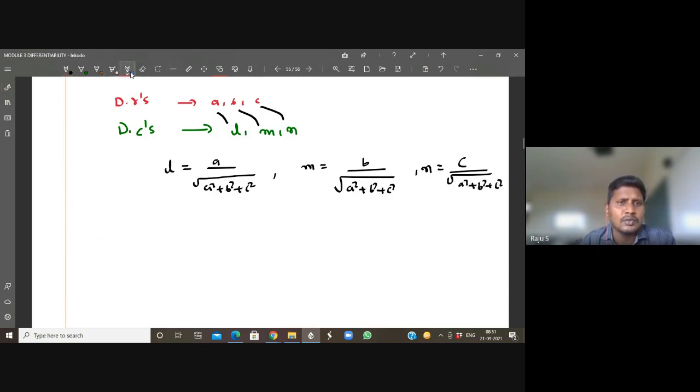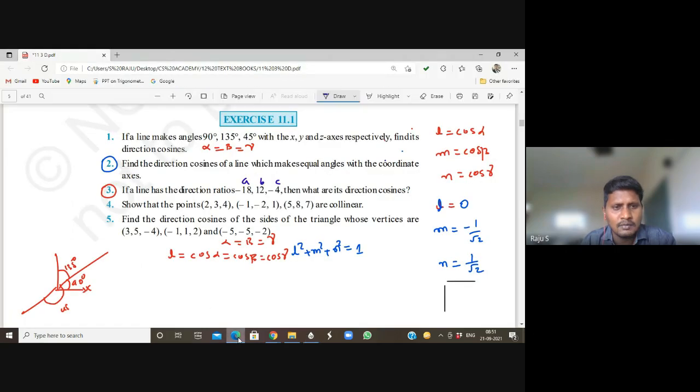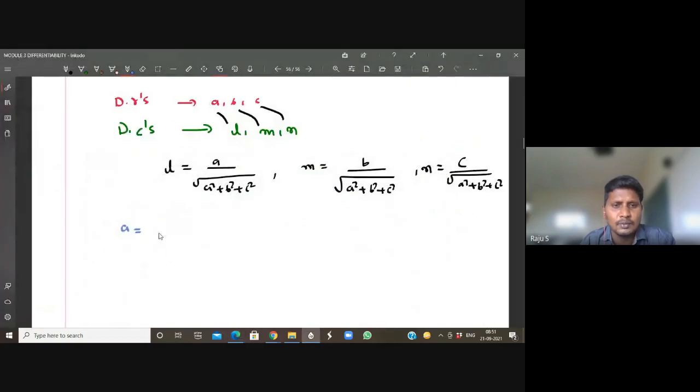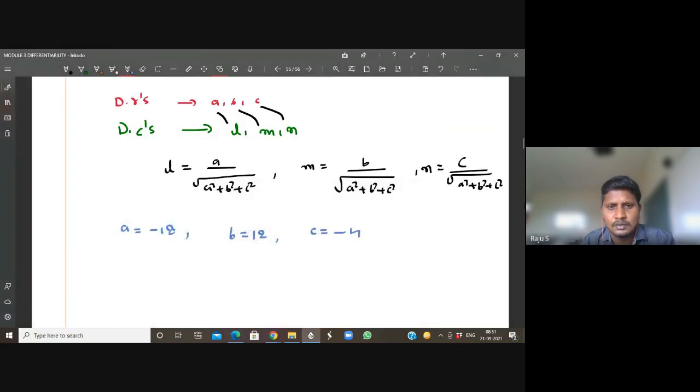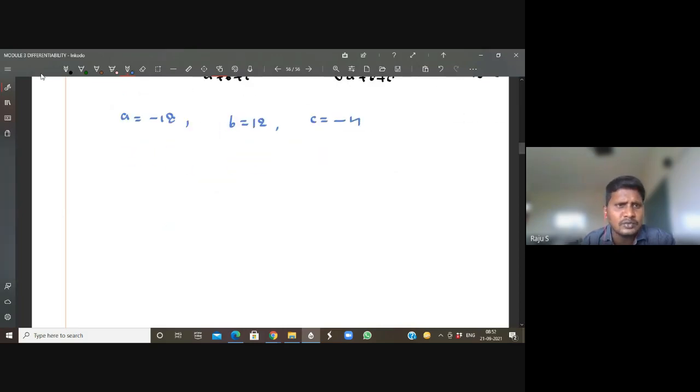So in the given question, a is minus 18, b is equal to 12, c is equal to minus 4. Now, is it difficult to find the direction cosines?